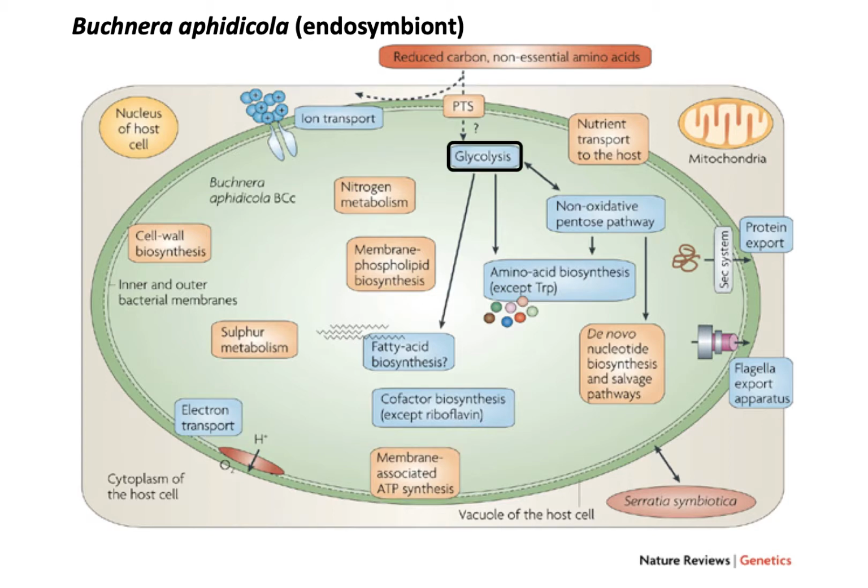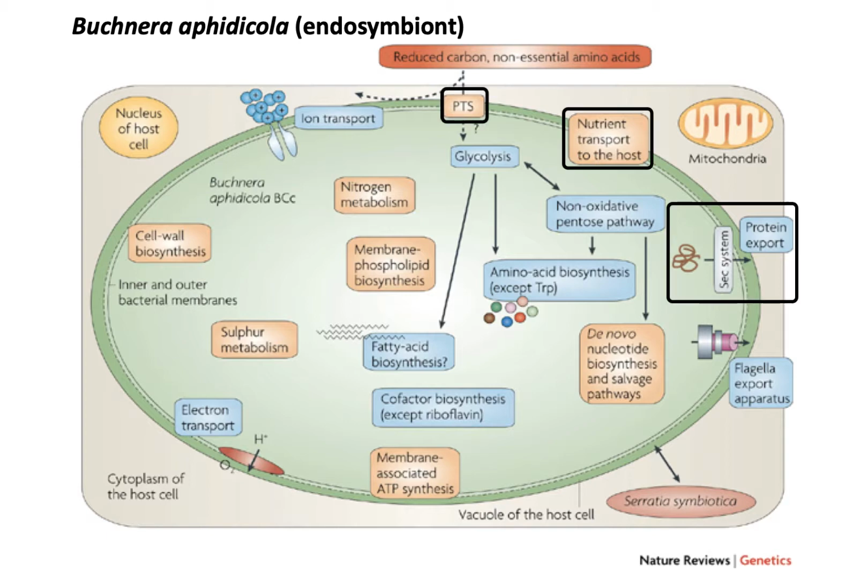It has a rudimentary glycolysis pathway and a pentose phosphate pathway as well. But it does make many of the amino acids, so that's probably its main function in the aphid cell. It also has some nitrogen metabolism capabilities and some transport into and out of the cell.